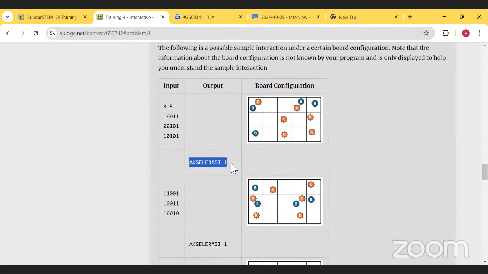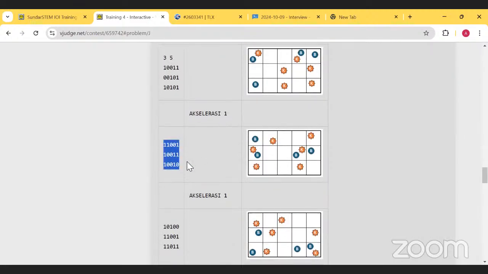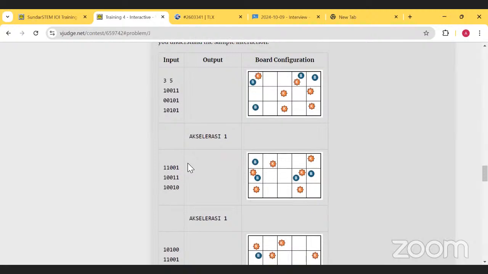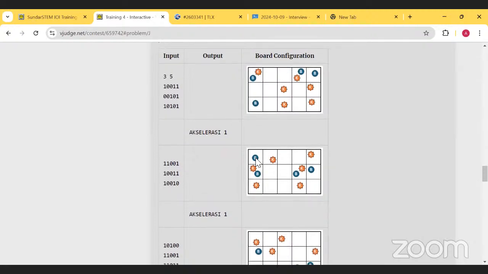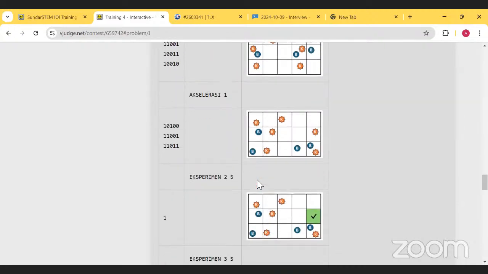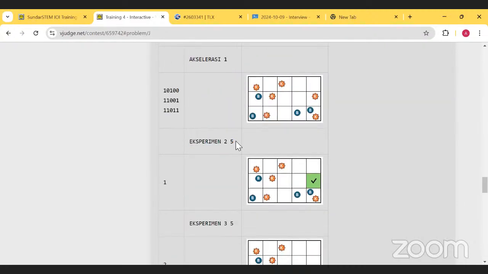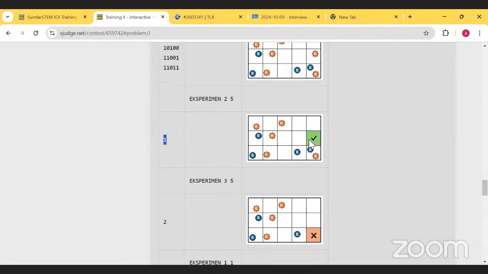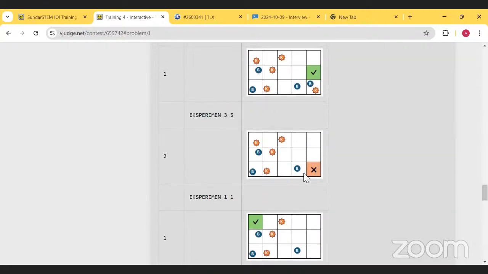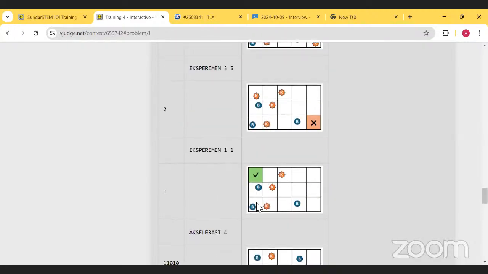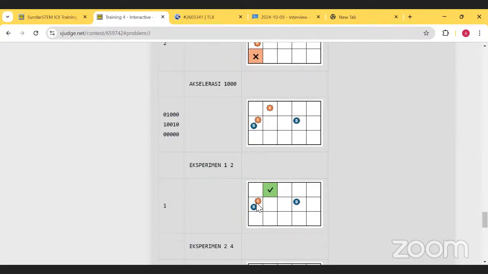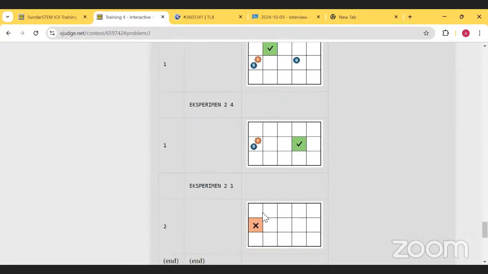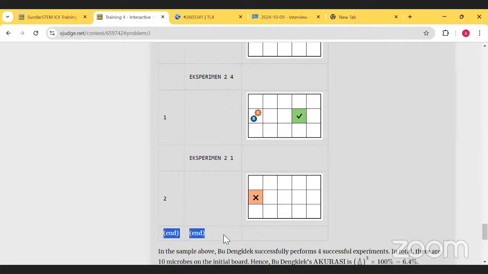And each time we accelerate, we will get the resulting position after we accelerate. And each time we do an experiment, we will get the information about the number of microbes experimented. Let's say there is only one microbe, and here there are two microbes, and so on, until all of the microbes are experimented, then the interaction ends.